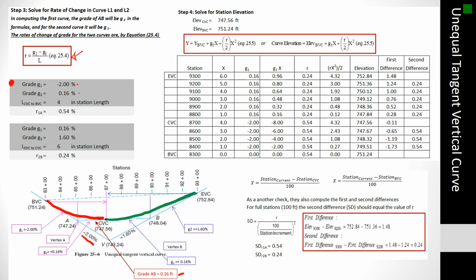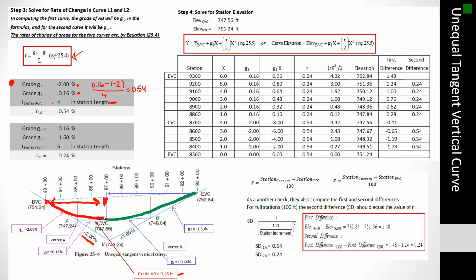And its total length from this point to this point is 4 stations, or 400 feet. Now, when we do the math of G2 minus G1, G2, 0.16, minus a minus 2, which is our G1, divided by 4 is equal to 0.54%.